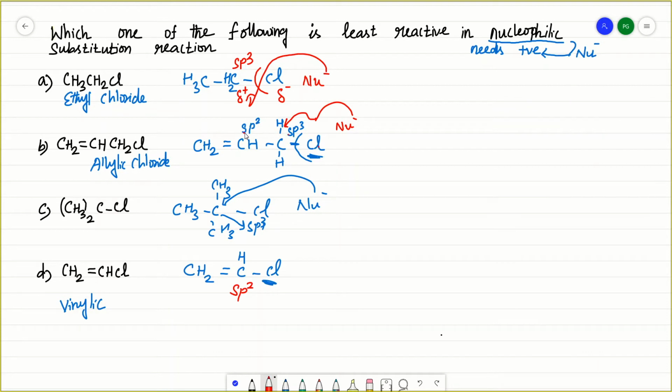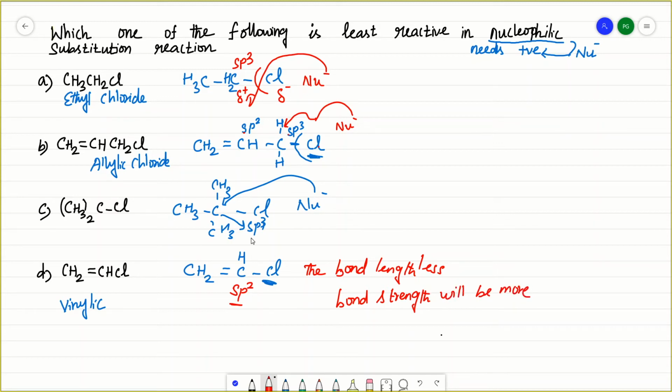Because of this double bond character, the bond length will be less, so the bond strength will be more.